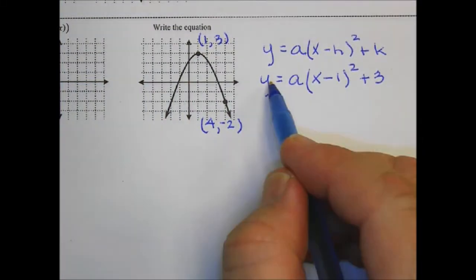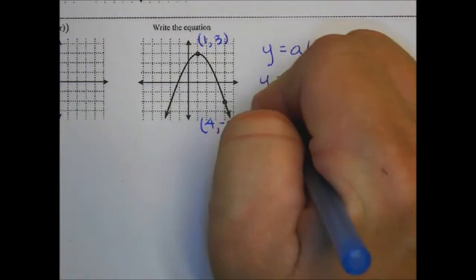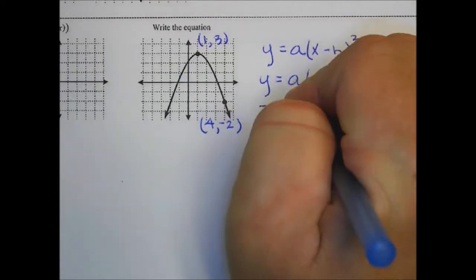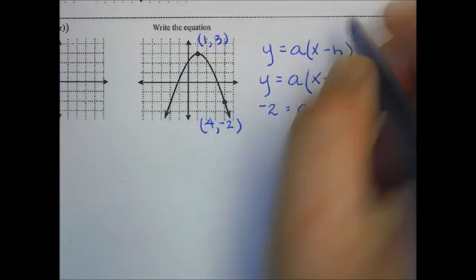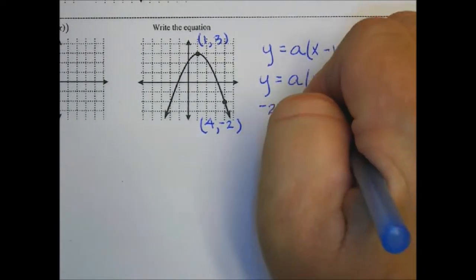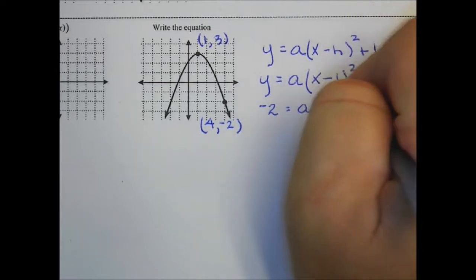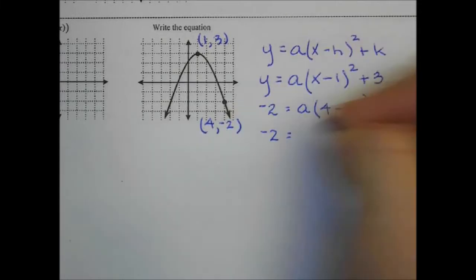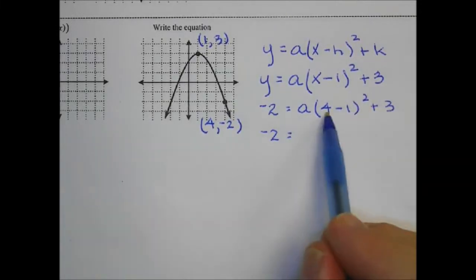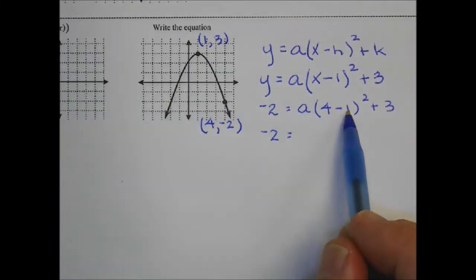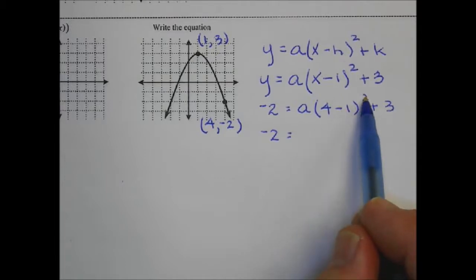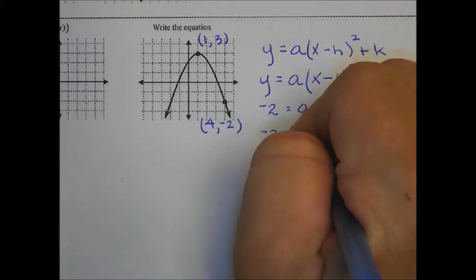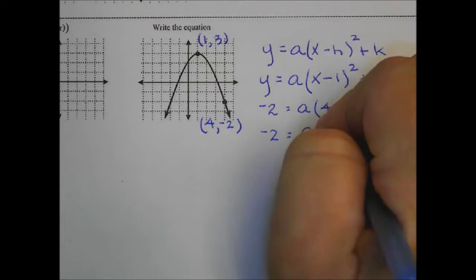So y is going to substitute to become -2. We still don't know a. X is going to substitute to become 4. So -2 equals 4 minus 1 is 3. 3 squared is 9, so that would be 9a, and then plus 3.